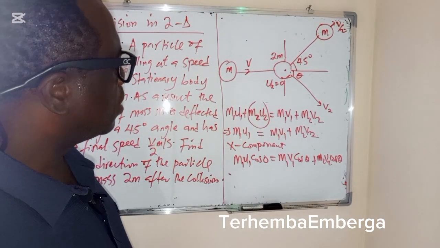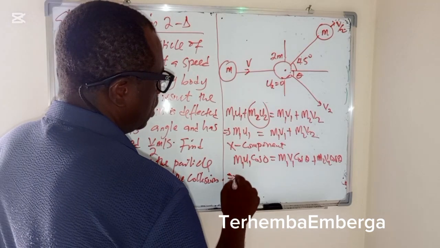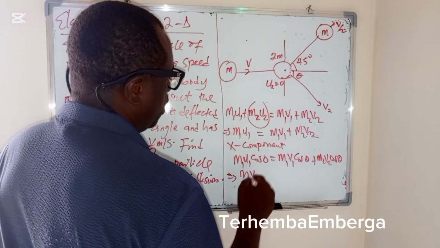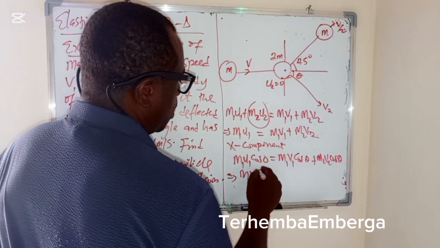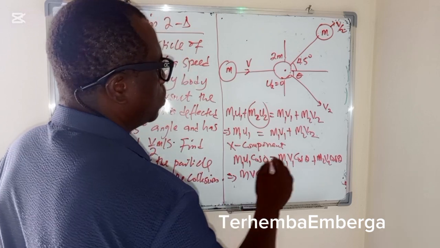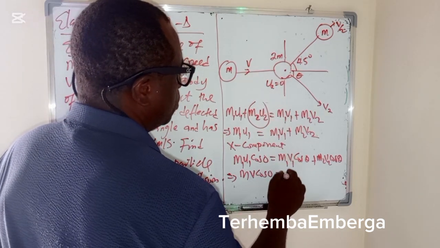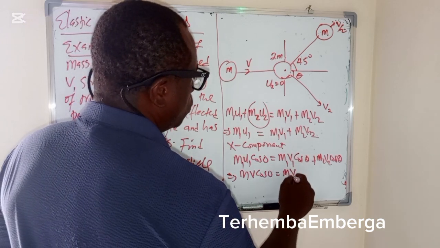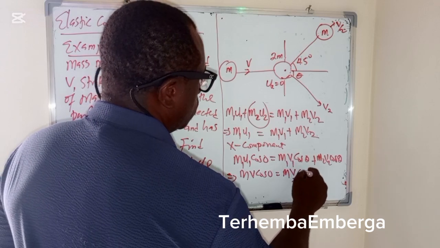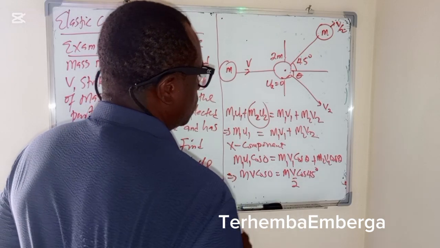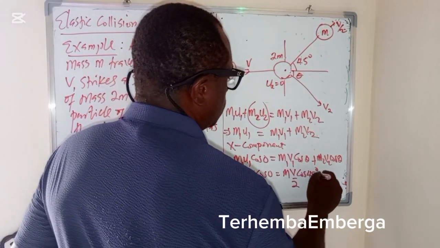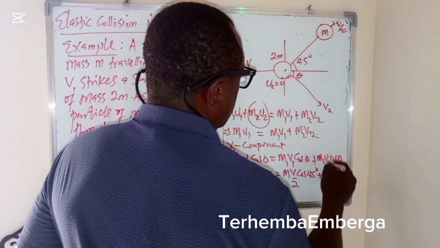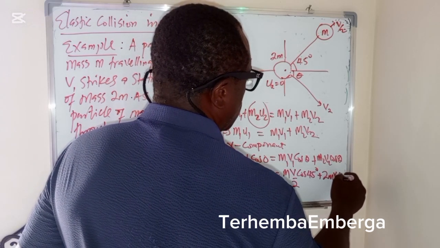So let's now list out the parameters. Our m1 is m, v cos 0 equal to m1 is m, v1 is v over 2 cos 45 degrees plus m2 is 2m, v2 cos theta.